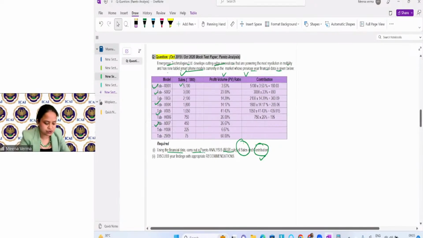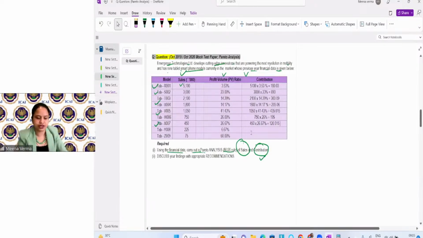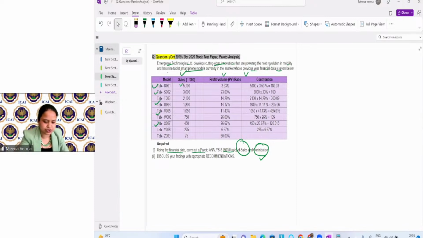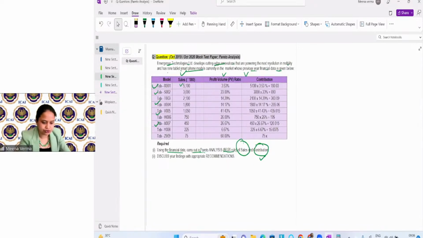Then the next one is 450 into 26.67 percentage, we will get the contribution. Then the next one is 225 into 6.67 percentage, we will get the contribution, right? And the last one is what? 75 into 60 percentage, we will get the contribution.